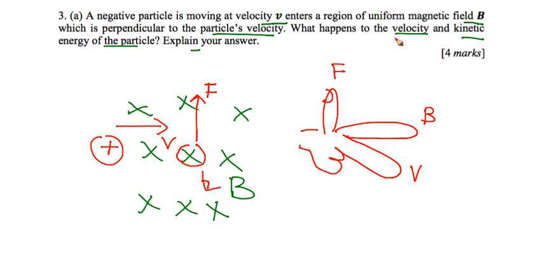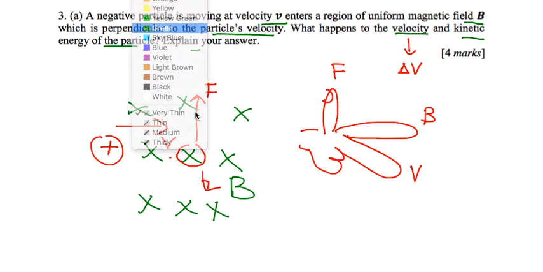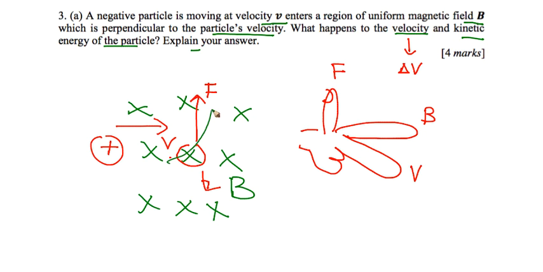What happens to the velocity? If the positive particle enters the region B, the velocity is changed, or we have a delta V here, because after the particle enters region B, the direction is not a straight line, but follows a circular path.